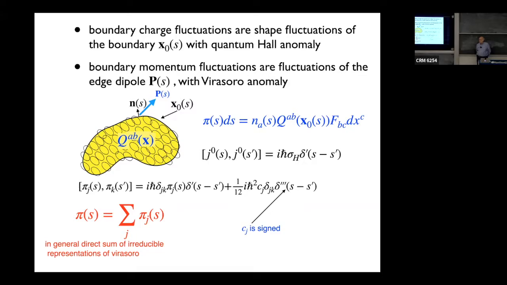The length scale will be whatever the actual edge value is, and so the value of the dipole moment at the edge depends on the value of Q at the edge.